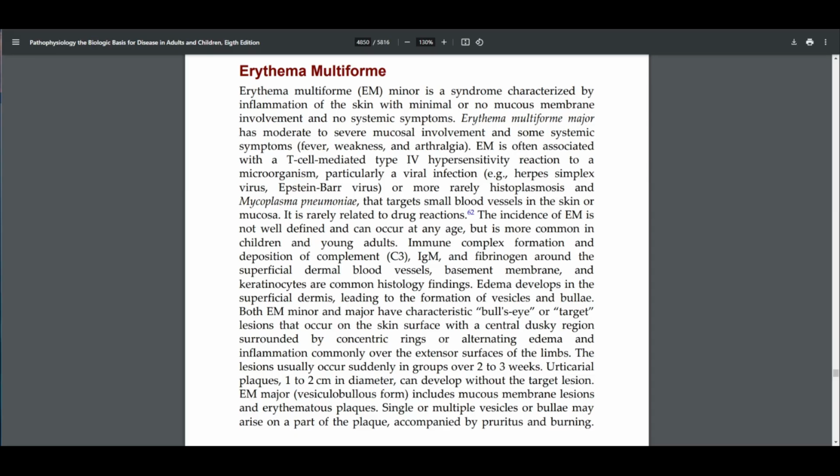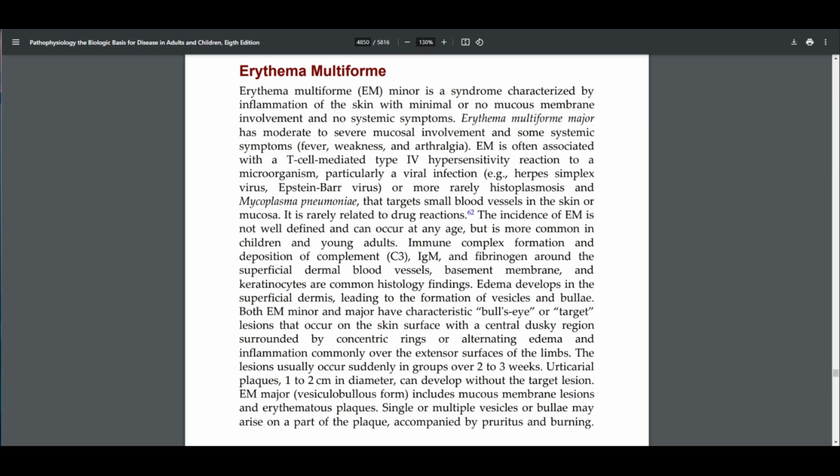Edema develops in the superficial dermis, leading to the formation of vesicles and bullae. Both EM minor and major have characteristic bull's eye or target lesions that occur on the skin surface with central dusky regions surrounded by concentric rings of alternating edema and inflammation, commonly over the extensor surface of the limbs.